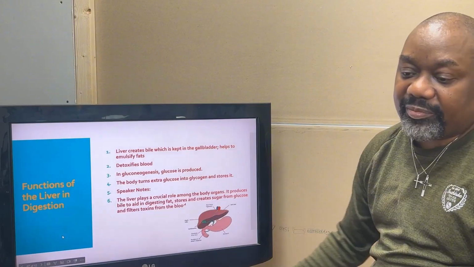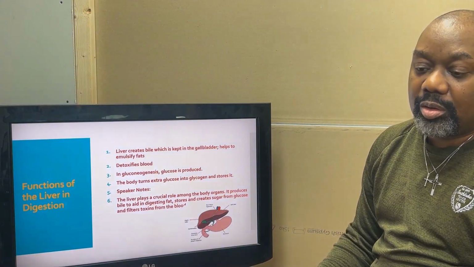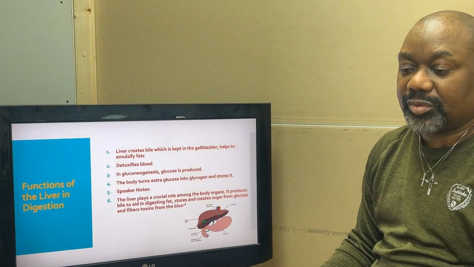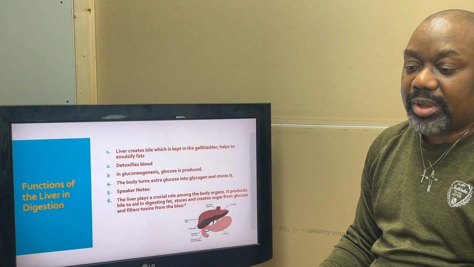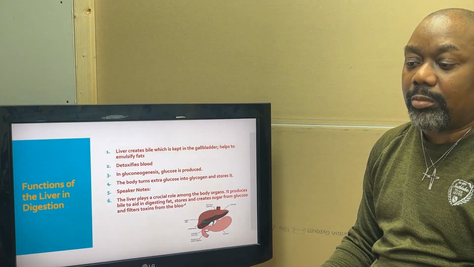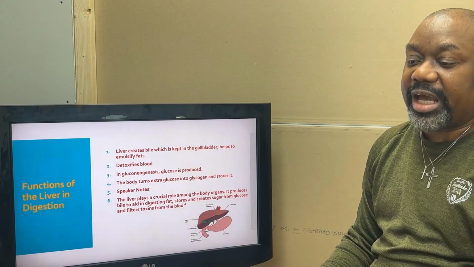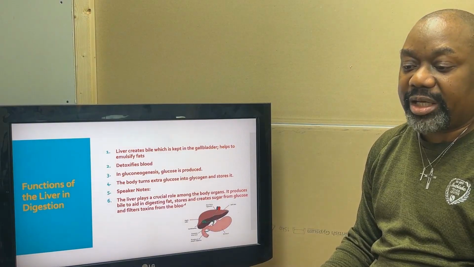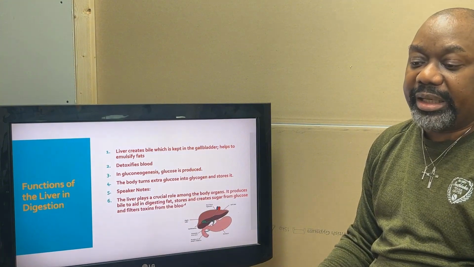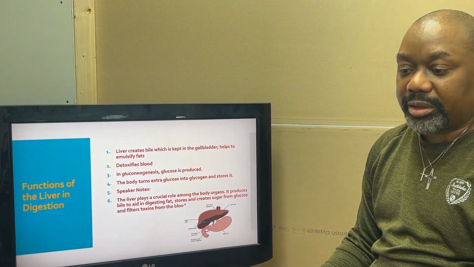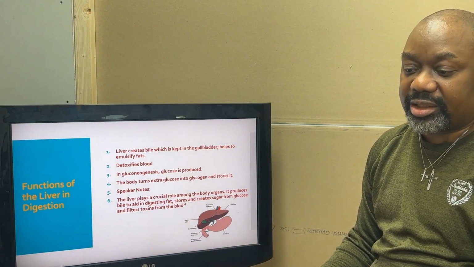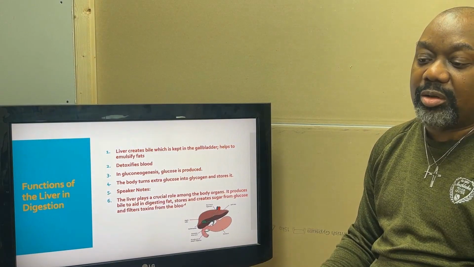The next paragraph is the function of the liver in digestion. The liver creates bile, which is kept in the gallbladder. It helps to emulsify fats and also detoxifies blood. In gluconeogenesis, this is where glucose is produced.